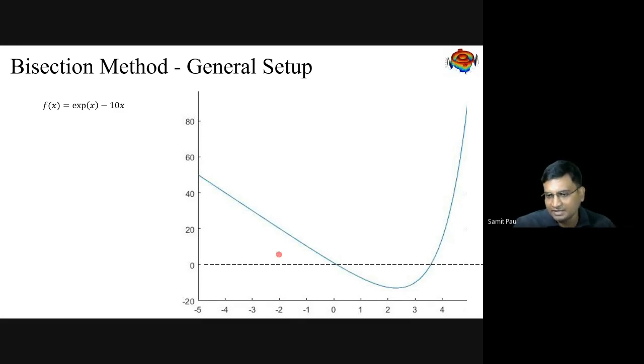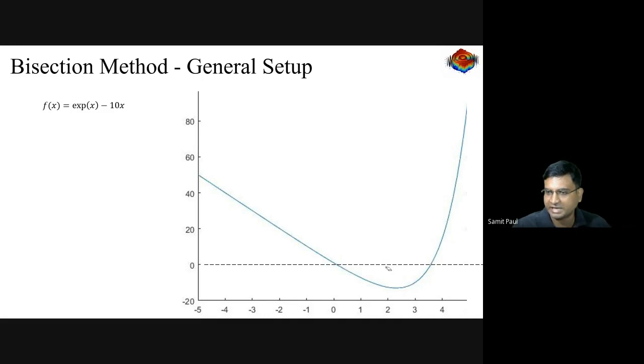For example, if you have taken a guess, say -2 and 2, and you bracket it, we can see that the root falls within it. So these two initial guesses are required in the bisection method. If you cannot guess the root, then the bisection method won't work for you.